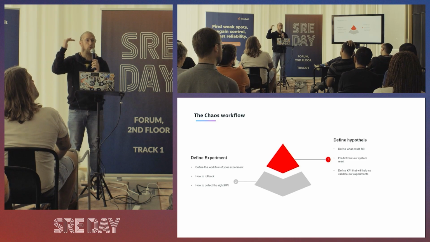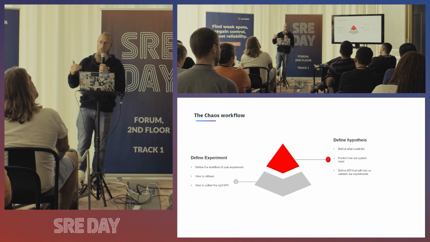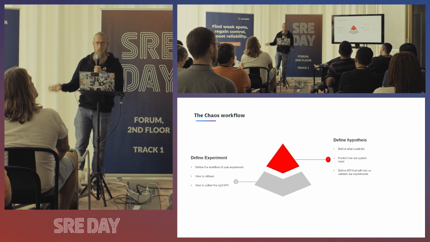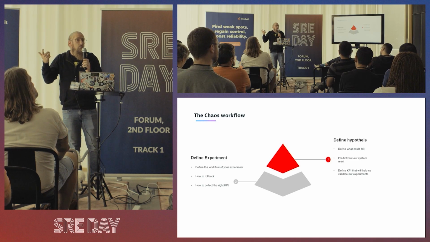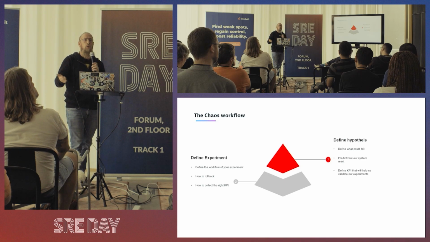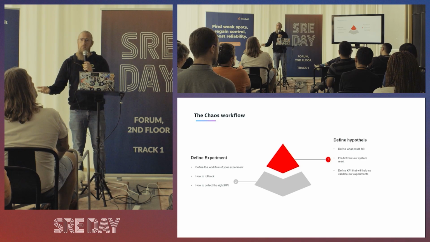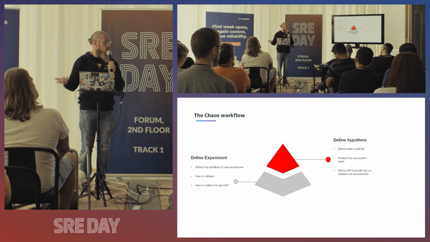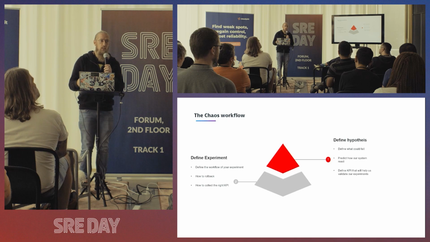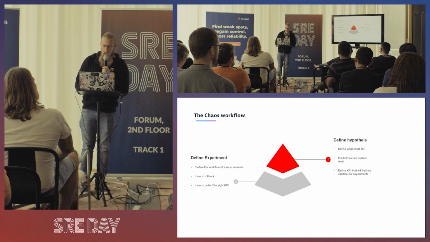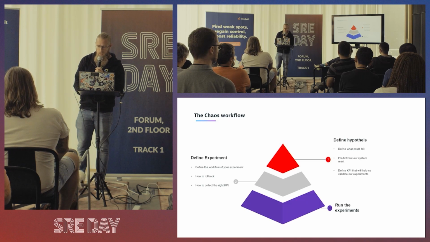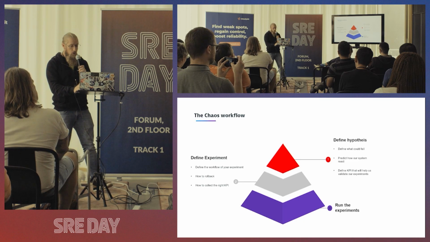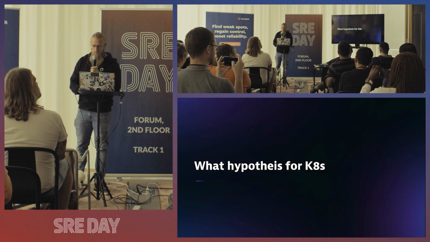Then, remember, we're going to run it in production, so we also have to describe how we're going to roll back if there is a problem. And because we're going to collect some indicators and metrics, we need to define how we're going to collect them. And last, once everything is defined, we can run our experiments.